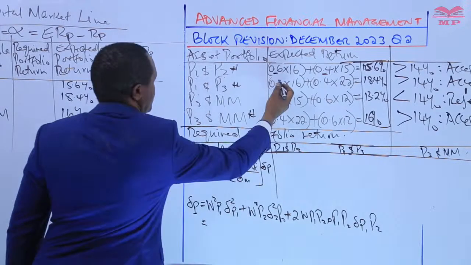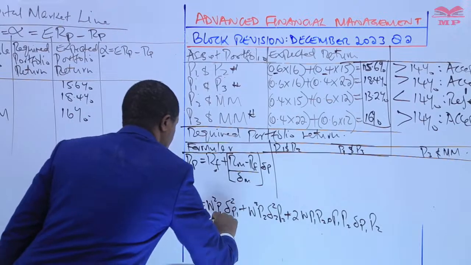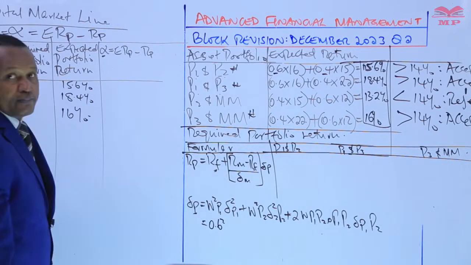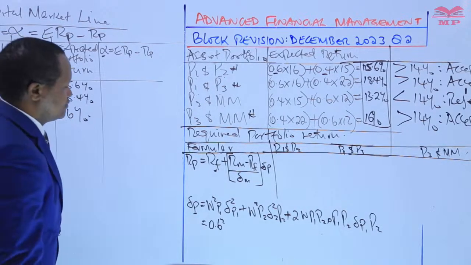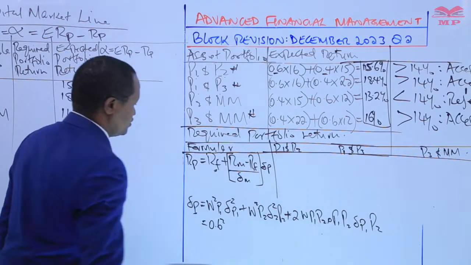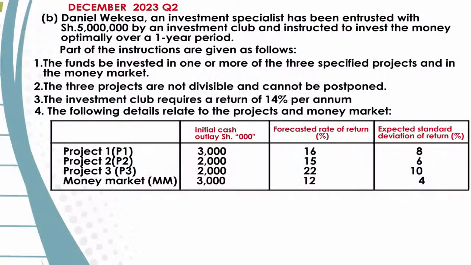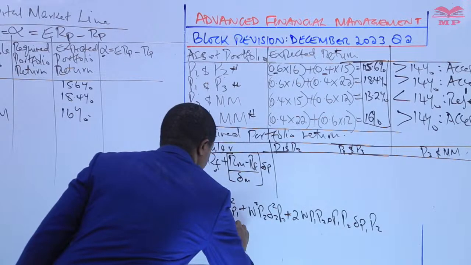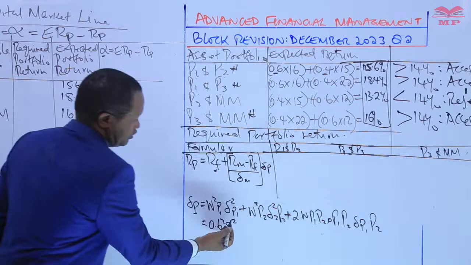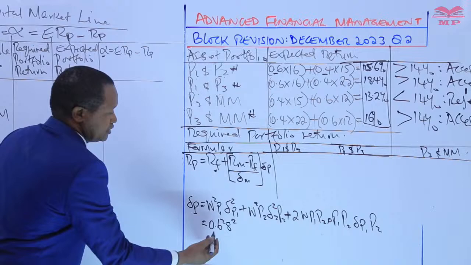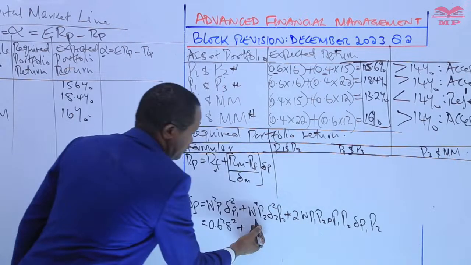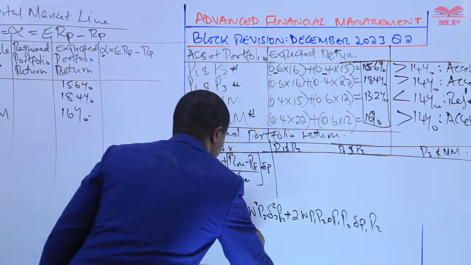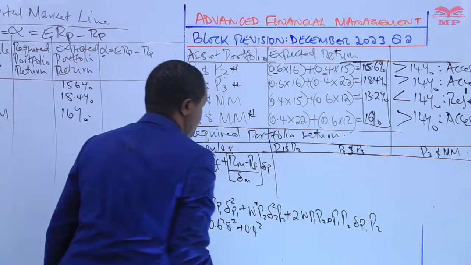P1 weight is 0.6, square it. Then we square the standard deviation of P1 to get the variance. That is the variance of P1, plus the weight of P2, 0.4, we square it.